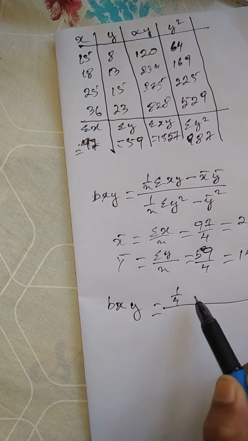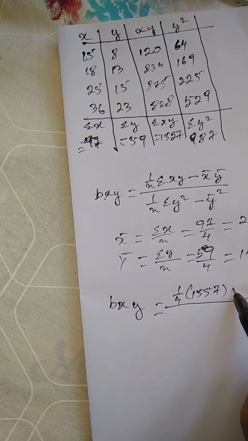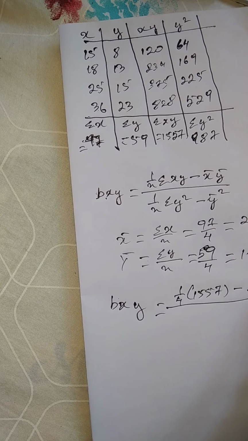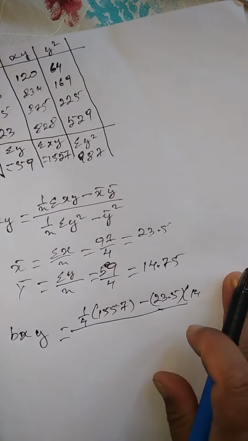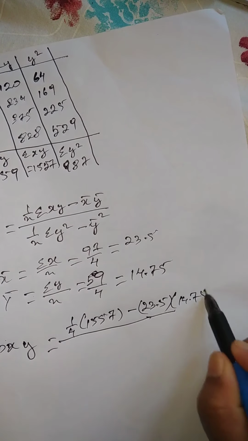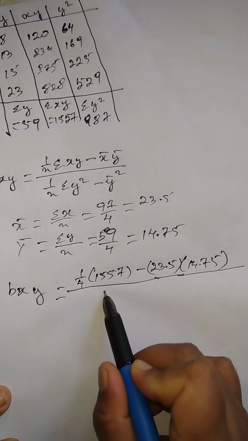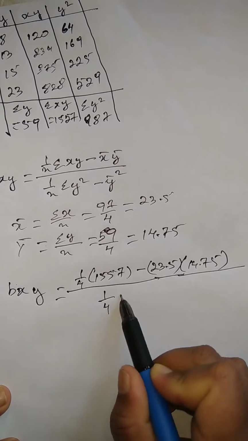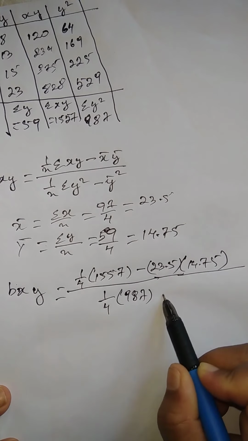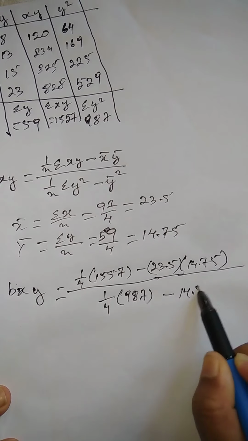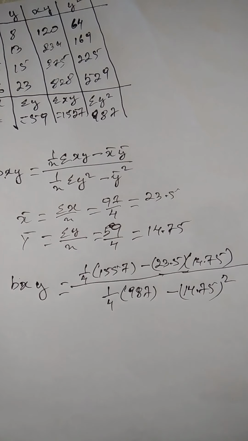So 1 by 4 summation xy, 1577, minus 23.5 multiplied by 14.75, divided by 1 by 4 summation y square, 987, minus 14.75 square.